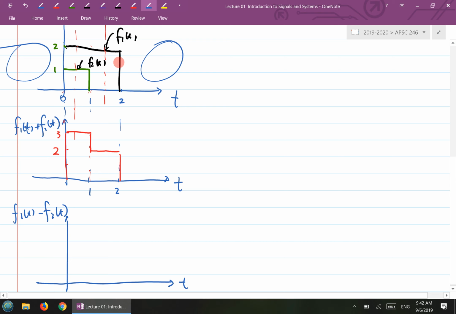So you can make use of the original, superimpose the two curves together, f1 of t minus f2 of t.